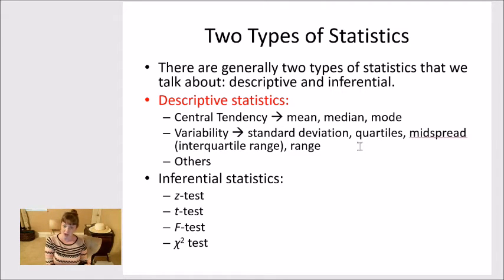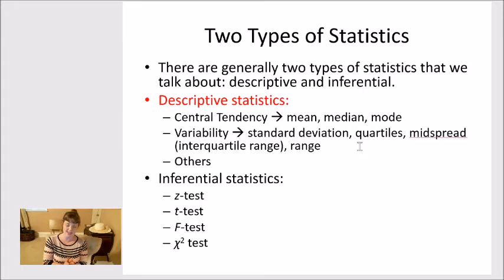Now, to refresh your memory, a statistic is any number that you calculate for a sample. They're used to make estimates about or make decisions about populations.